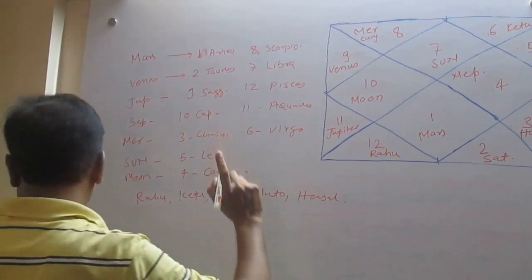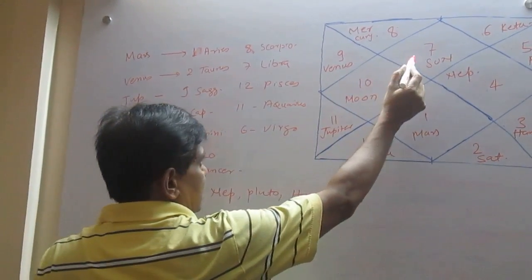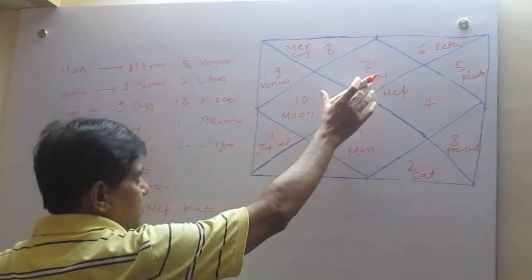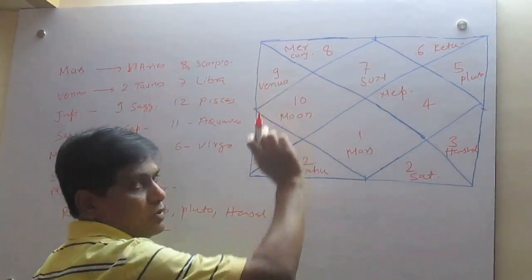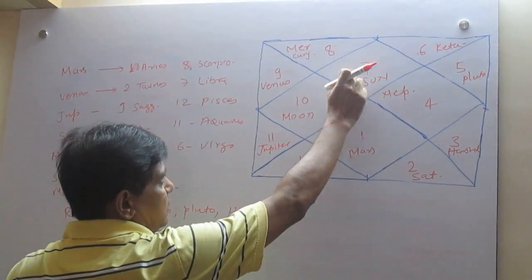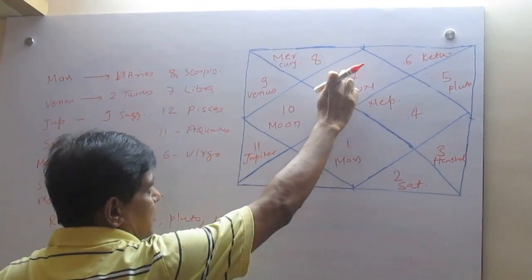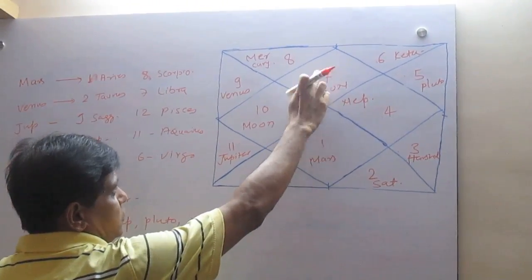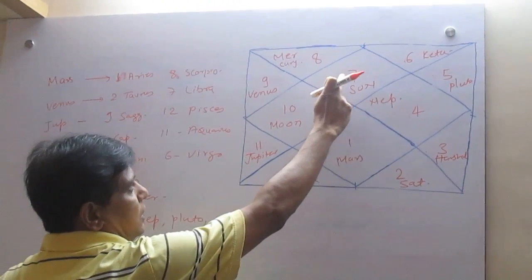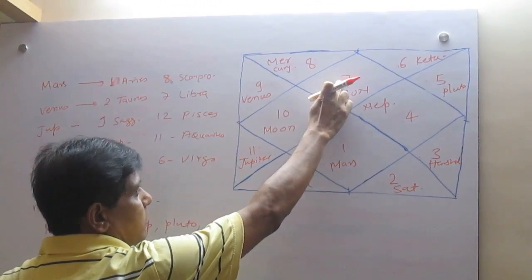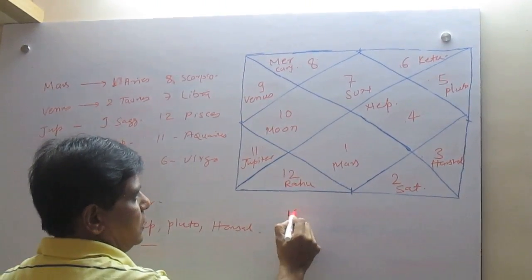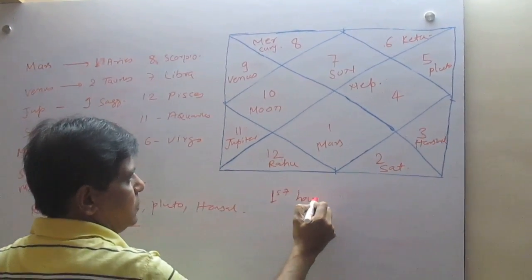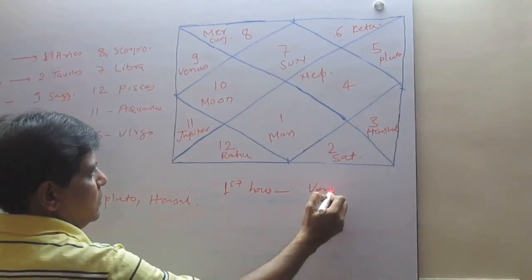So, in this figure, the house does not have its own owner. It has the owner of the Rashi which is present in the house. For example, in the first house, 7 number, Libra is present. So the owner of the first house is Libra's owner, which is Venus.